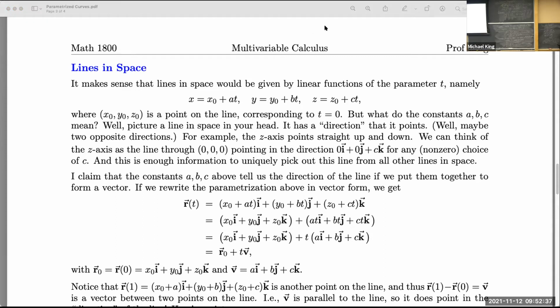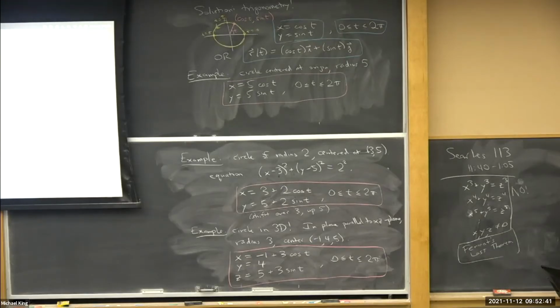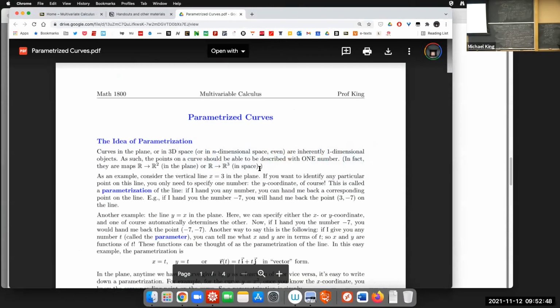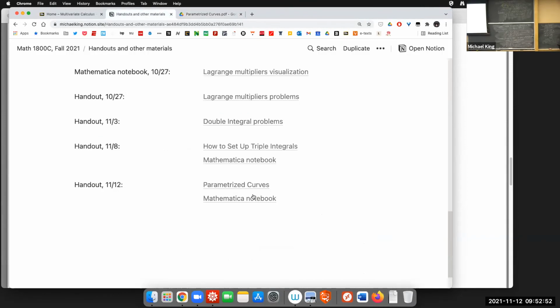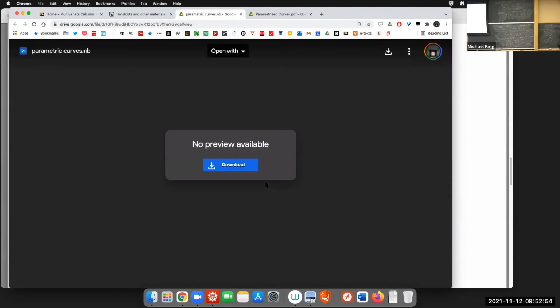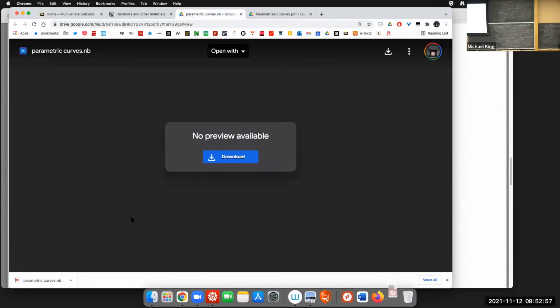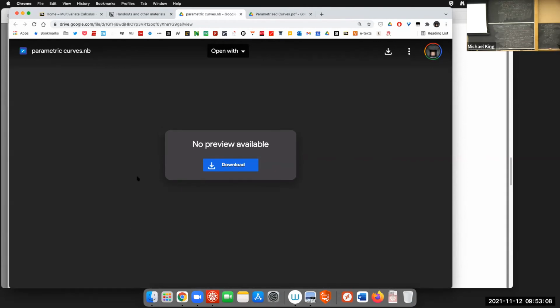But let me share the entire desktop instead of just that. There's a Mathematica notebook that I think has some nice illustrations of how I could trace, if it wants to open.